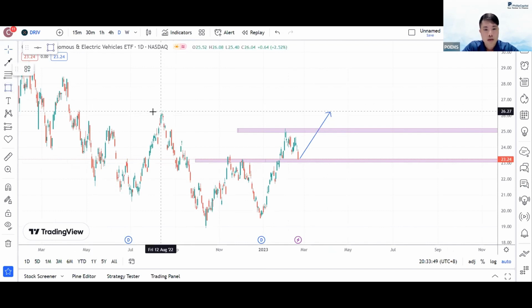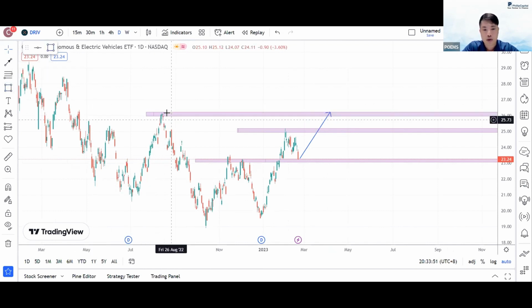So just take note, this is a very strong supply level, where it starts to drop to a lower low. Even if you want to take further, just know of the 26 for DRIV.